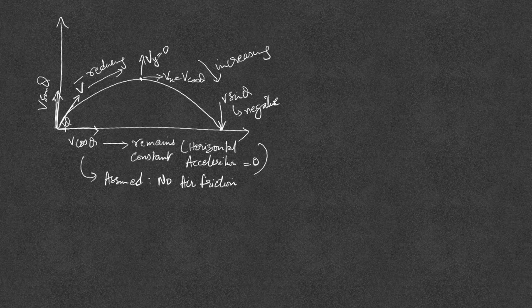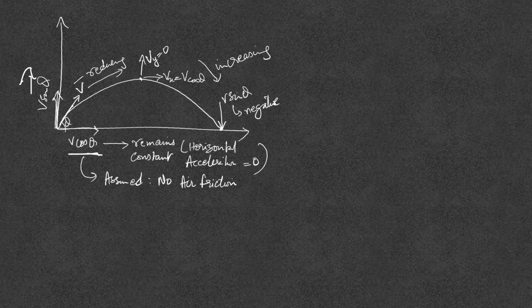In the last video, we saw how for projectile motion, the vector v is broken up into v cos theta and v sine theta. Okay. So as we have learned, v cos theta, the horizontal component of the velocity, remains constant, and hence the horizontal acceleration is actually 0 because there is no change in the velocity.